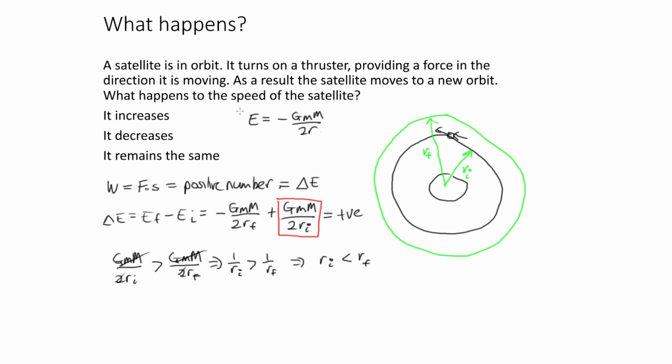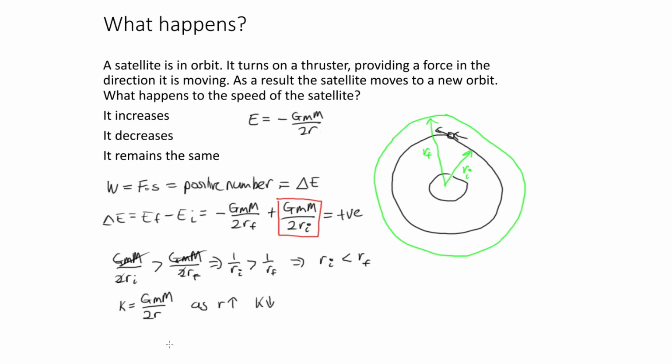But this doesn't tell us what happens to the speed. So to do that, we can consider the kinetic energy, because the kinetic energy is related to the speed. And we know that the kinetic energy is given by GMm divided by 2R. So if we're moving to a larger R, so as R goes up, then the kinetic energy decreases.